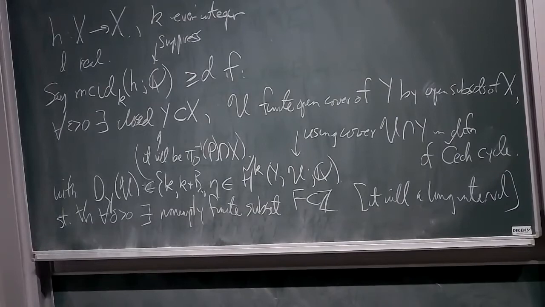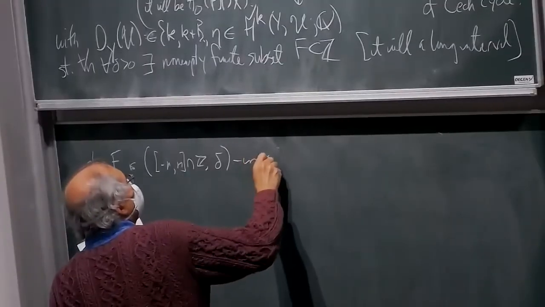In the general minimal case, you have to use various kinds of Følner sets, such that F is minus n to n intersect Z, delta invariant.